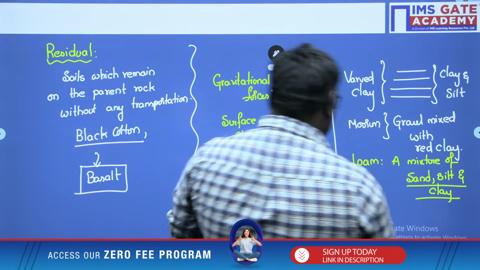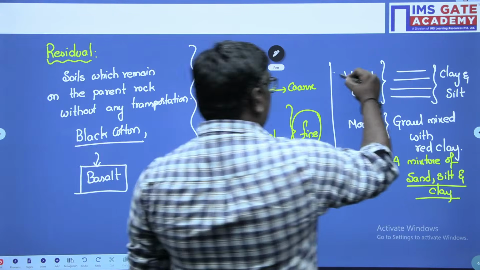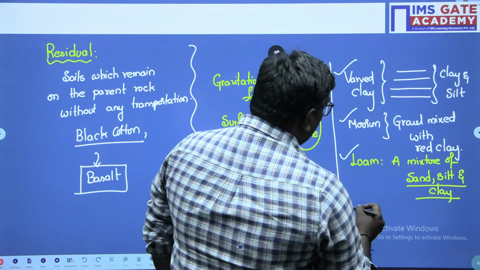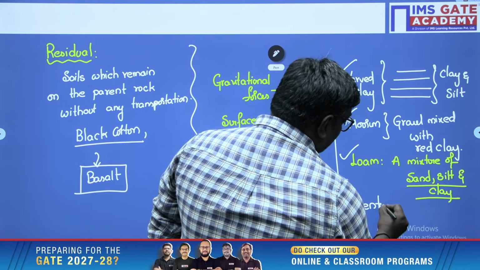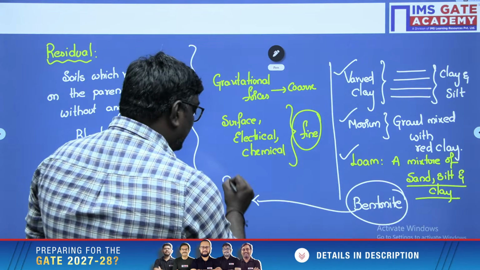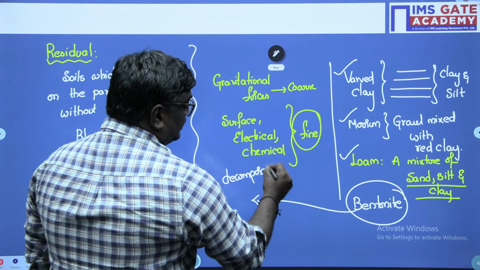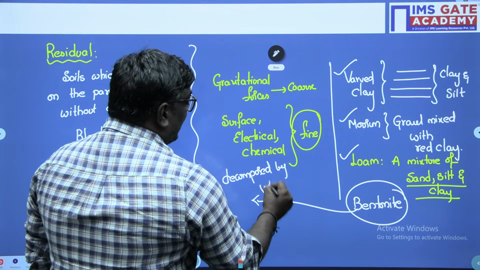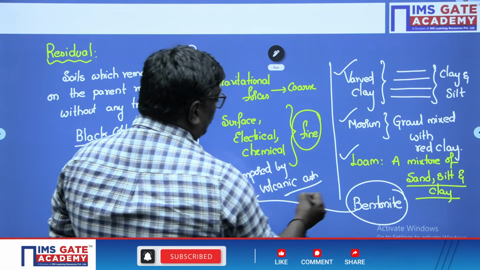So one is varved clay, then murrum, loam, and next one we have is bentonite. What is bentonite, sir? Bentonite is decomposed volcanic ash. It has high swelling and shrinkage due to the presence of a mineral called montmorillonite.